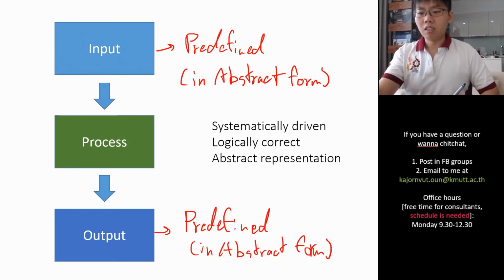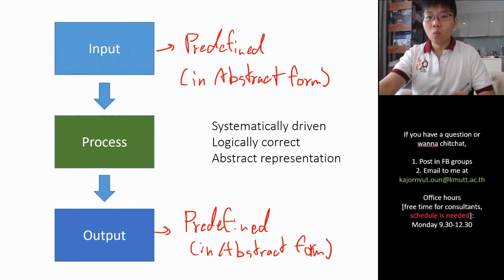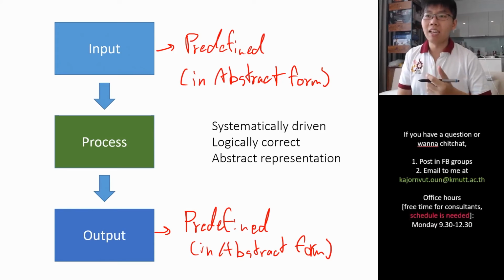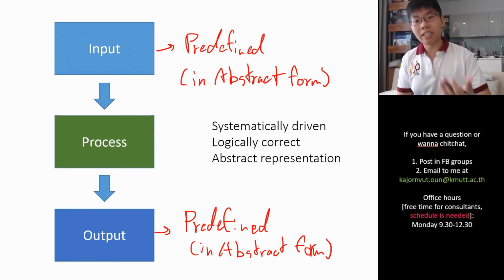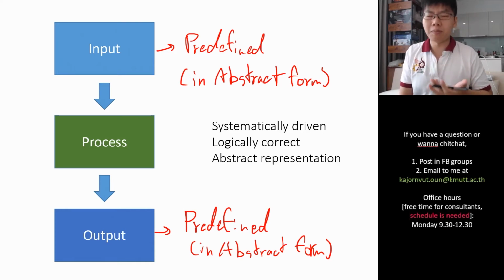So the output also works as a predefined in abstract form as well. Why? Talking about a face recognition system again, if you need to detect emotion, then you talk about it in a very abstract layer first when you design the programs.